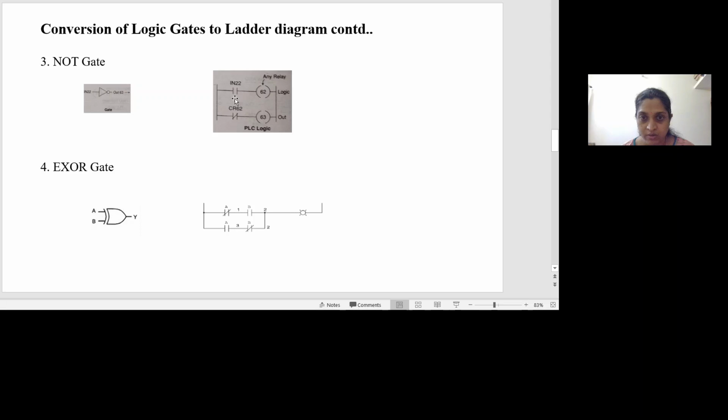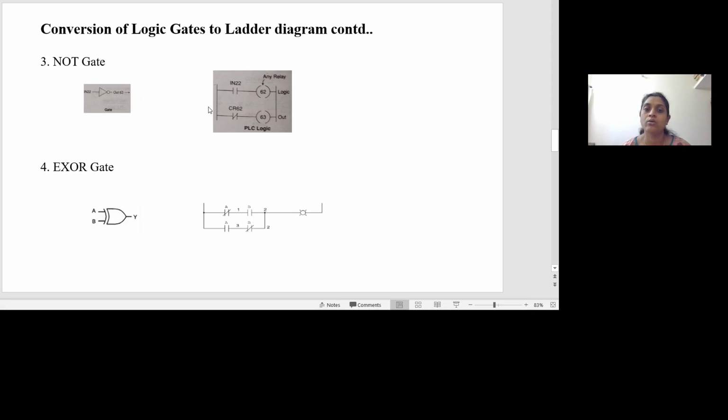So in the ladder diagram, I have taken IN22 as a NO contact, and then I have the output coil 62, and this represents an intermediate output, not the final one. In the second rung, I have taken a contact CR62 as a normally closed contact, and this produces an output 63. So the coil 63 gives the actual output y of the NOT gate, whereas coil 62 gives some intermediate output.